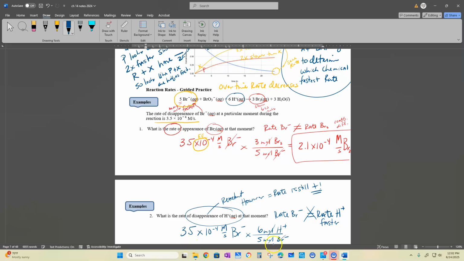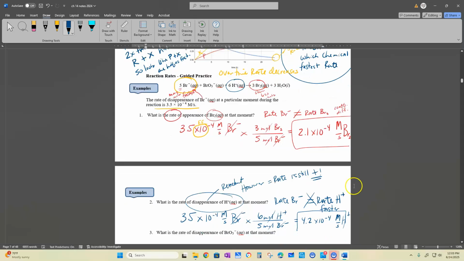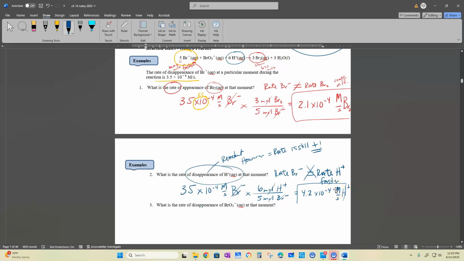Bye-bye moles, bye-bye chemical. So now plugging it in, 3.5 E to the negative 4 times 6, divide by 5, and it's bigger. It's faster, 4.2 to the negative 4, M over s. Oops, I need to put my H plus in there. H plus. Okay? All right, hopefully you're getting the hang of this.